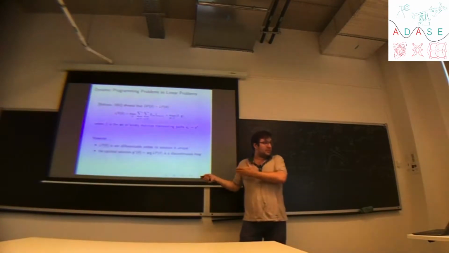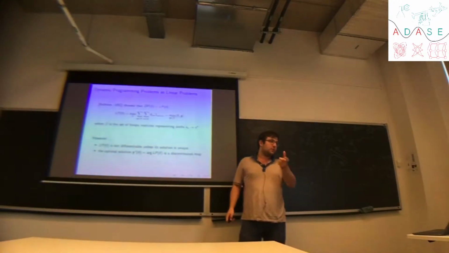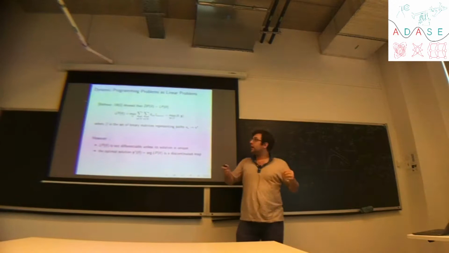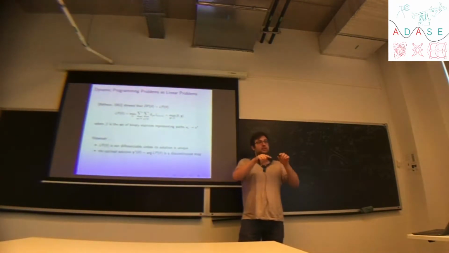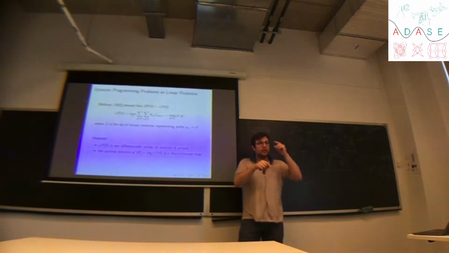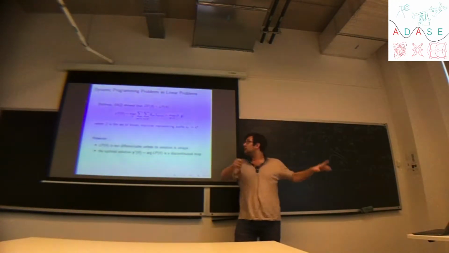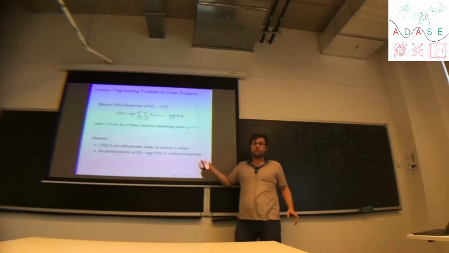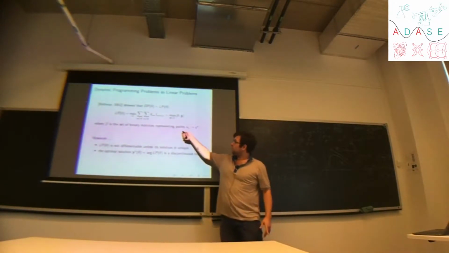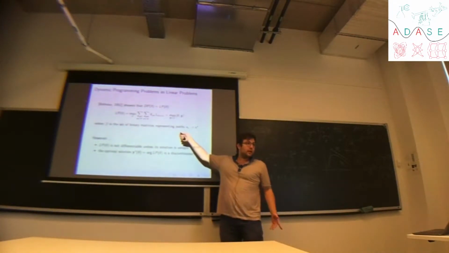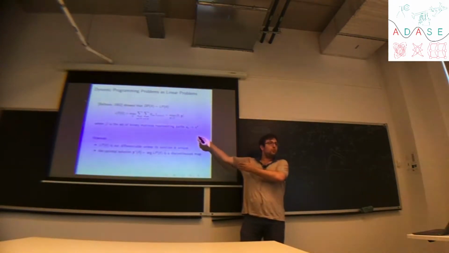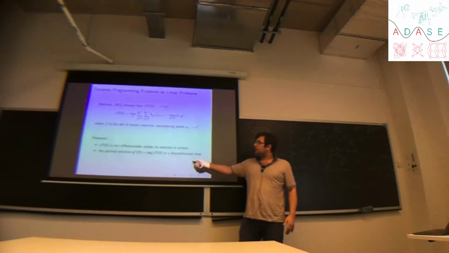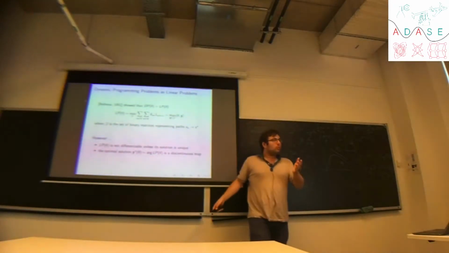In this instance, it's the weights on the edges of the graph. And Y is the set of all binary matrices that represent a path from this node to this node. So basically, we have an exponential number of matrices, and Bellman's approach allows us to solve this efficiently. But more on this later.